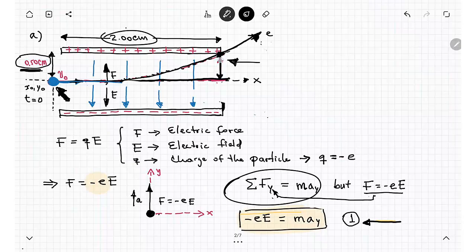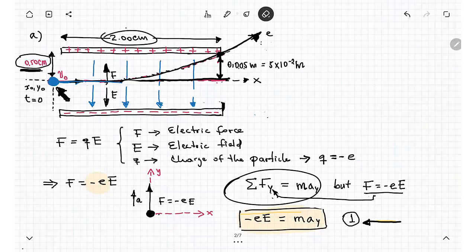And that displacement is 0.005 meters, and that's something like 5 times 10 to the minus 3 meters, okay?